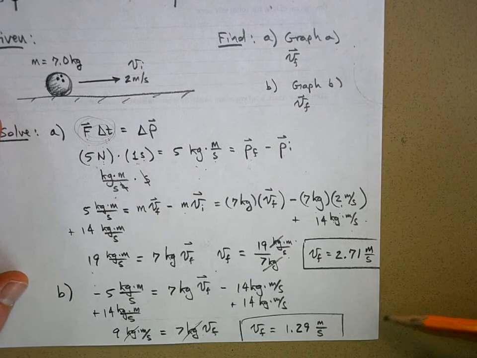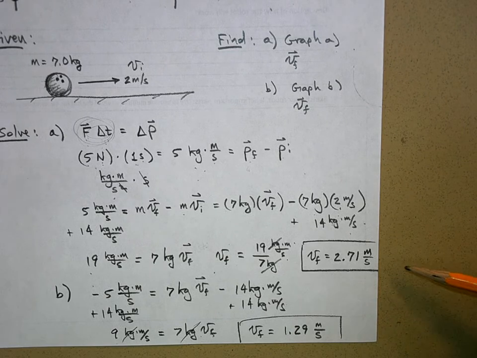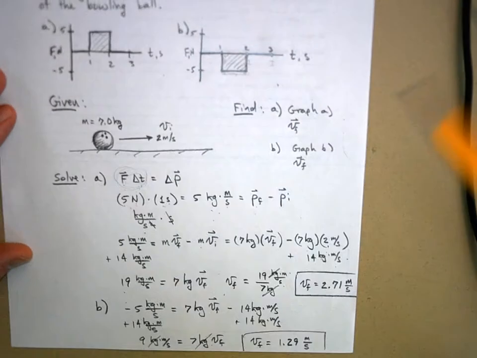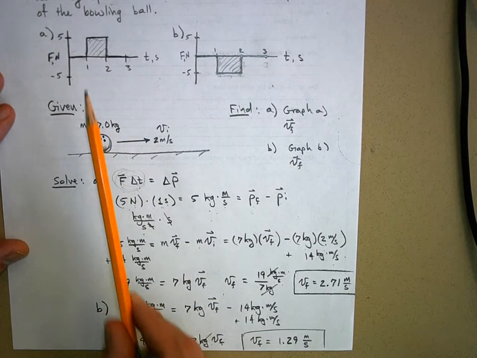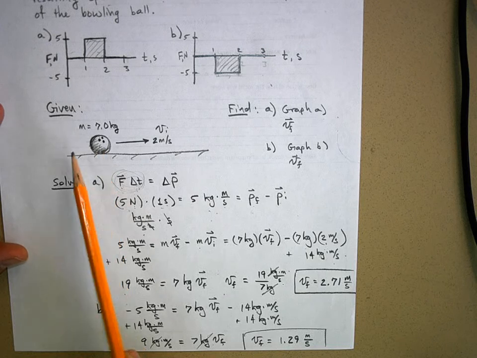See, we're going slower. In part B, we're going slower by the same amount that I'm going faster in part A. So, in part A, my force was in the same direction as the motion of the ball. So I added to its speed.